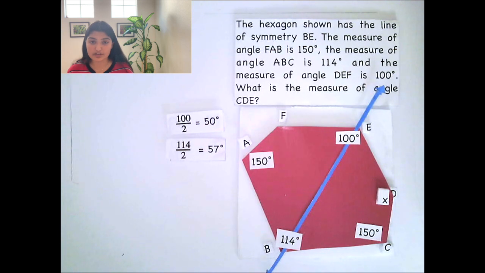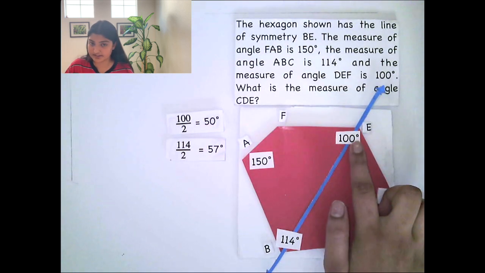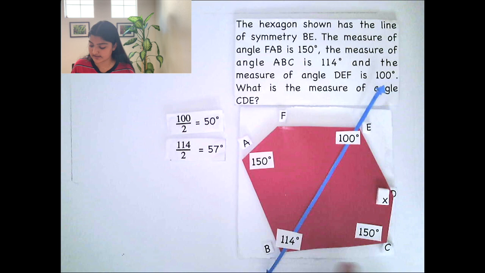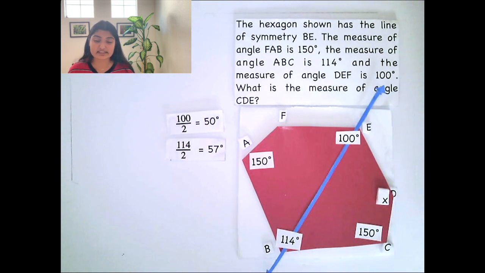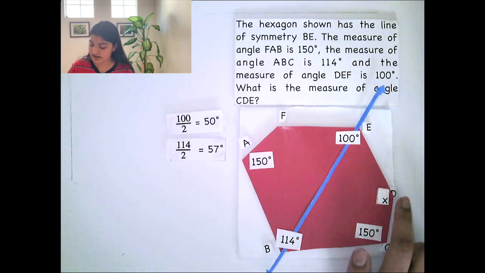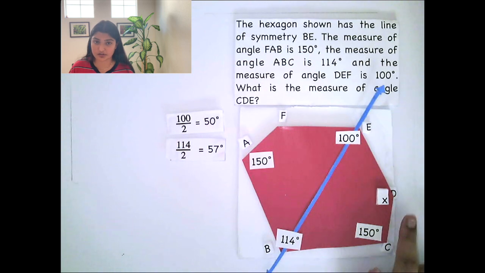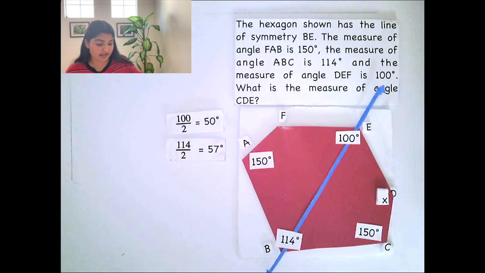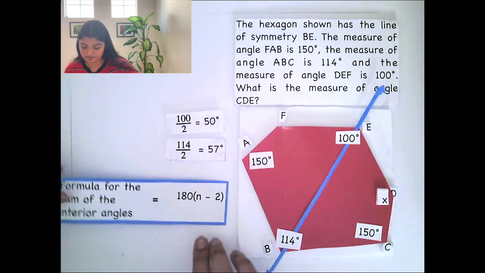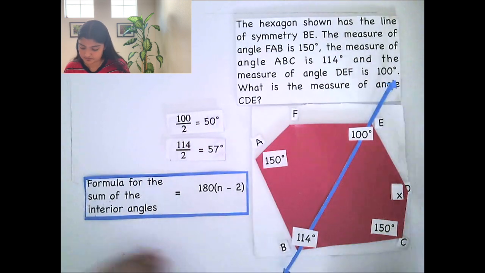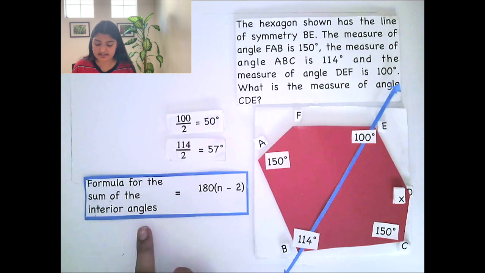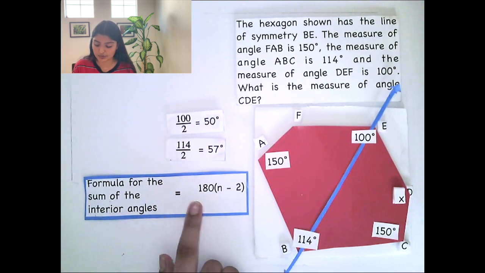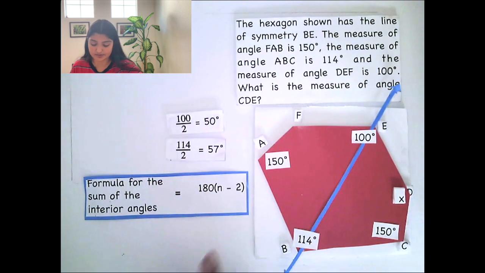Now that we know all the interior angles, 50 degrees, 57 degrees, 150 degrees, and x degrees, let's set up an equation. But first, we need to find the sum of the interior angles of this quadrilateral. For this step, we can use a formula for the sum of the interior angles, which is equal to 180 times n minus 2.